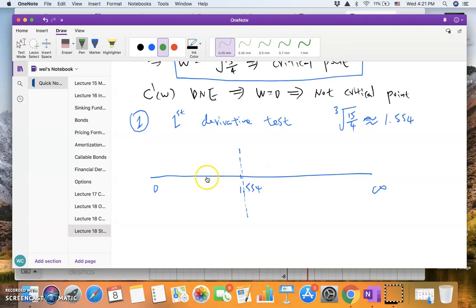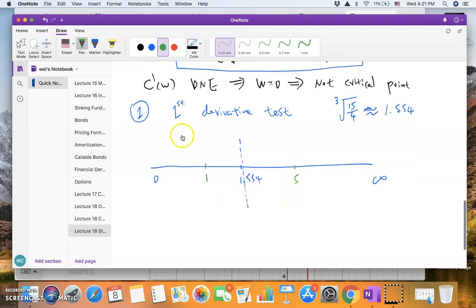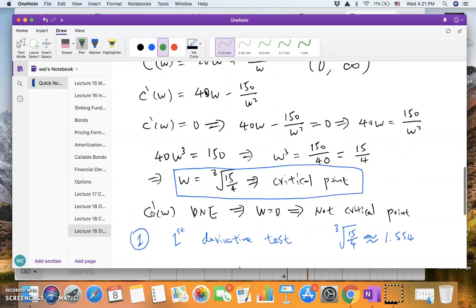On each interval, I choose a test point. So here I use 1. Here I use 5. Okay. Now I plug each test point into the first derivative of the function.